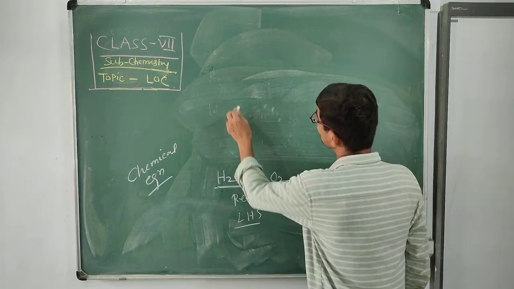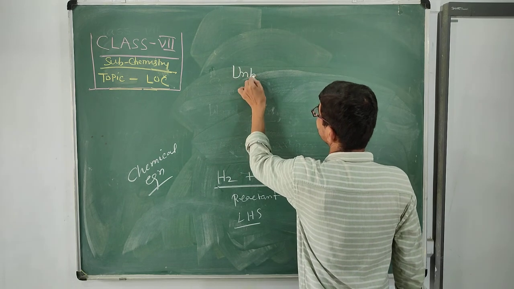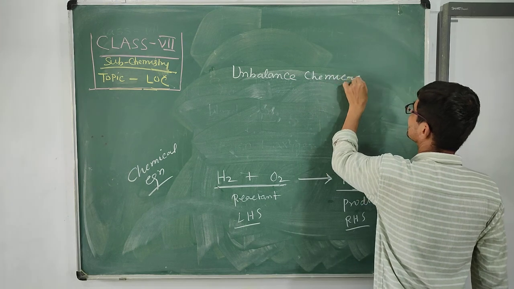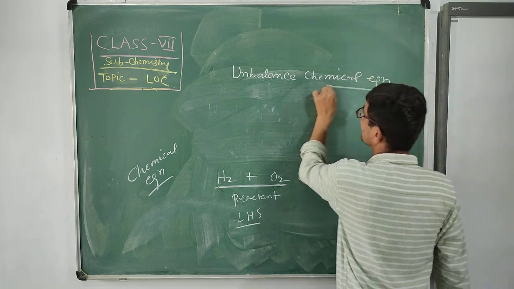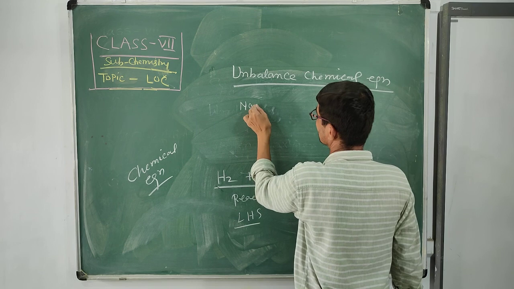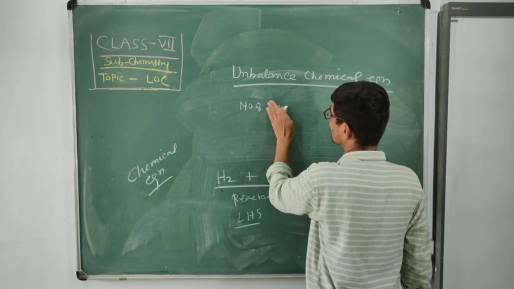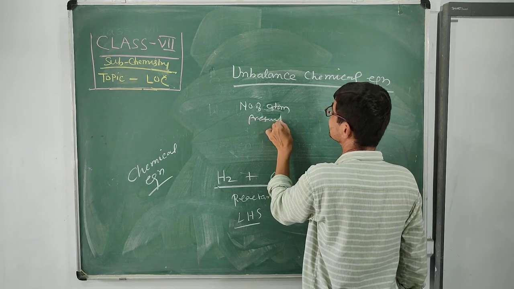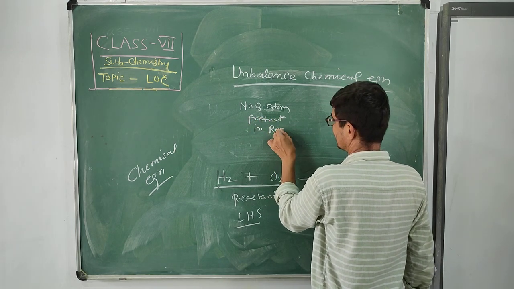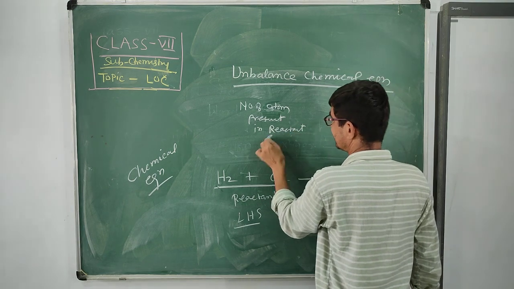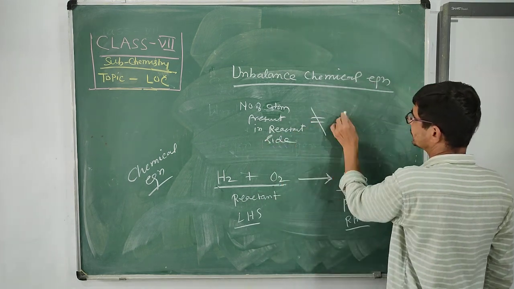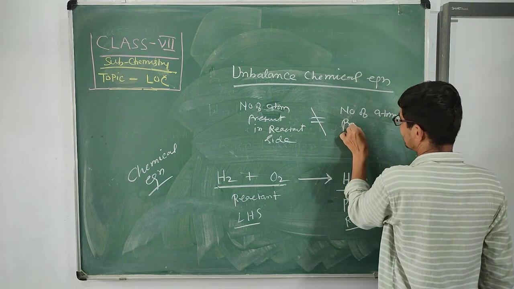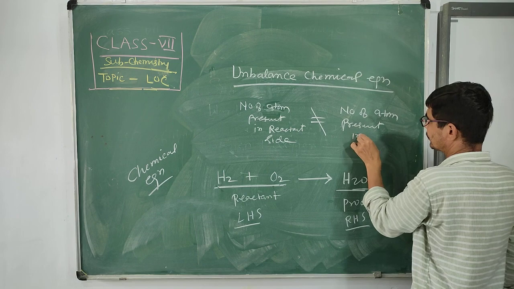In case of an unbalanced chemical equation, the number of atoms present in the reactant side is not equal to the number of atoms present in the product side.